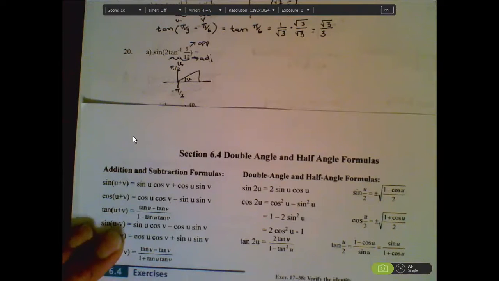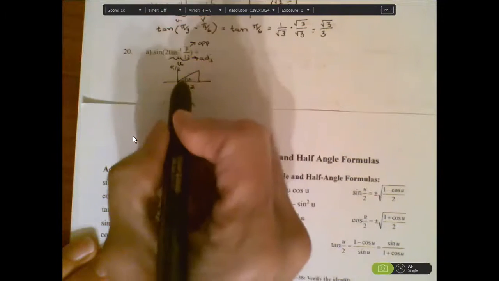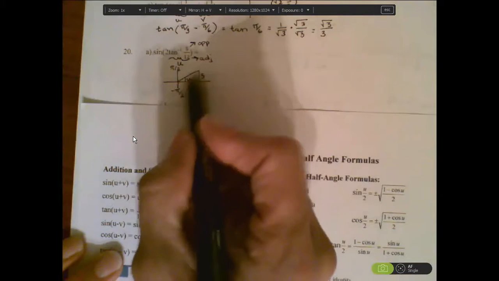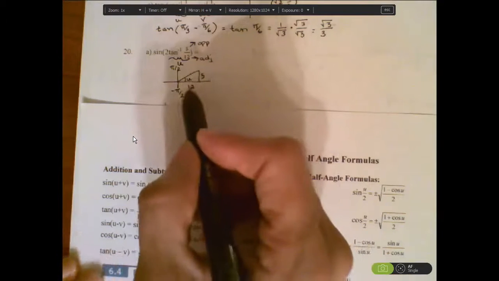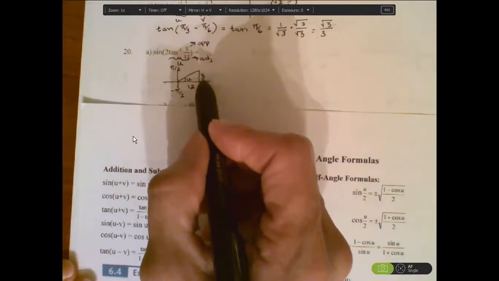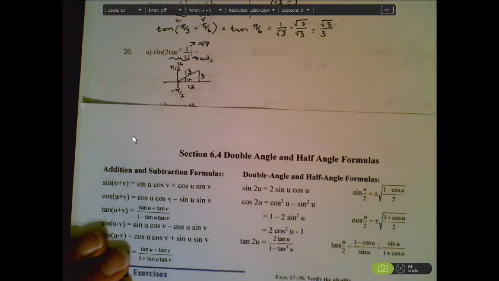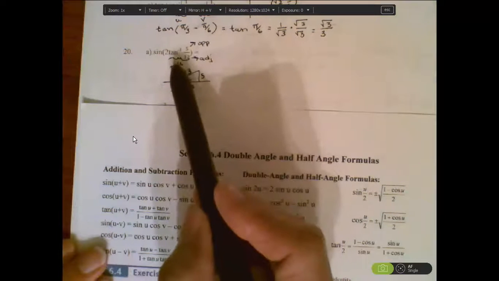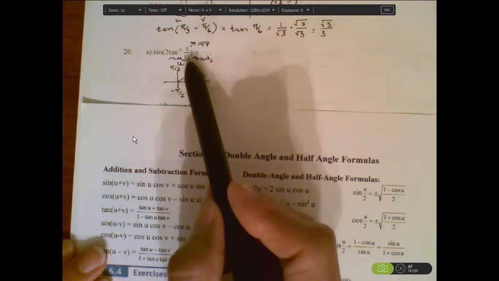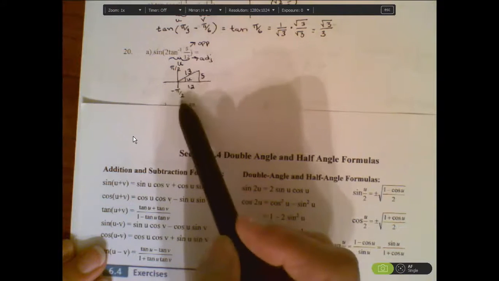Definition of tangent tells me 5 has to be the opposite and 12 has to be the adjacent. So the side adjacent U is 12 units. The side opposite U is 5 units. And that means the hypotenuse is square root of 144 plus 25. That's square root of 169. And that's 13. So even though I couldn't tell you the angle whose tangent was 5/12, I could draw a picture of it.